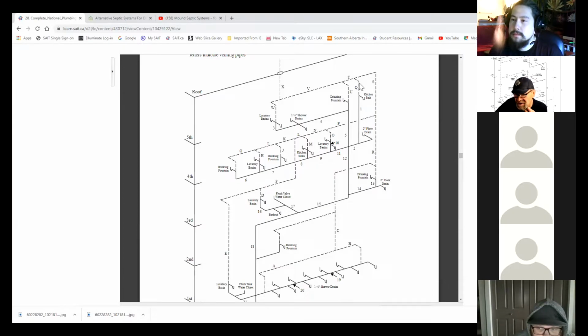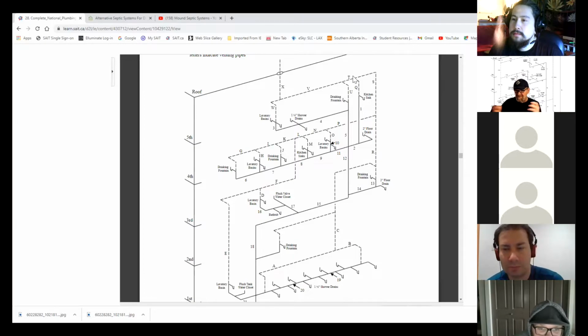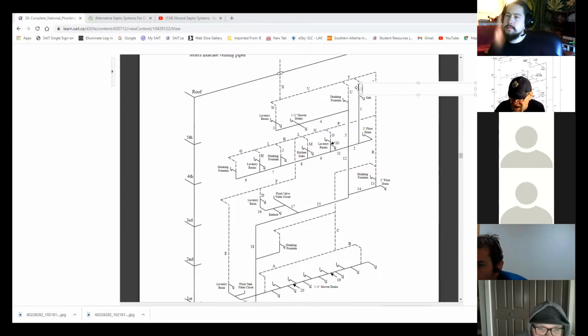What would T be? Vent header. T is then a vent header, because we have a vent stack down here. This Q is a stack vent, and S over here is a vent stack, right? T is now going to be a header.